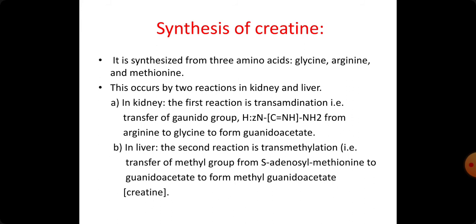First, in the kidney, transamidation, that is transfer of the guanido group from arginine to glycine, occurs to form guanidoacetic acid.